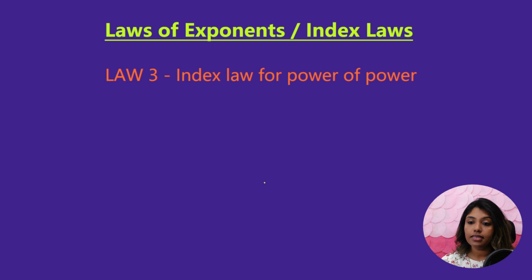So that means you have, for example, 3 to the power of 2, and then you raise it again to an exponent, let's say 5. If you have this, then the rule says you just have to multiply the exponents on top. So that's basically 3 to the power of 2 times 5, and you get 3 to the power of 10.